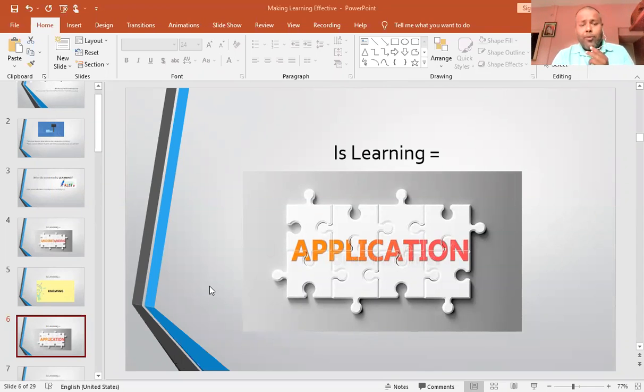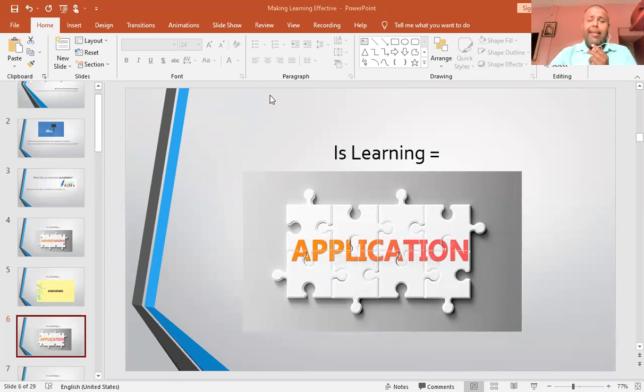Okay. Now those who have chosen application. I have received one response from Josephine: learning is not only knowing and understanding, but also we should know where and when to apply. Very good. Great. Anybody else?